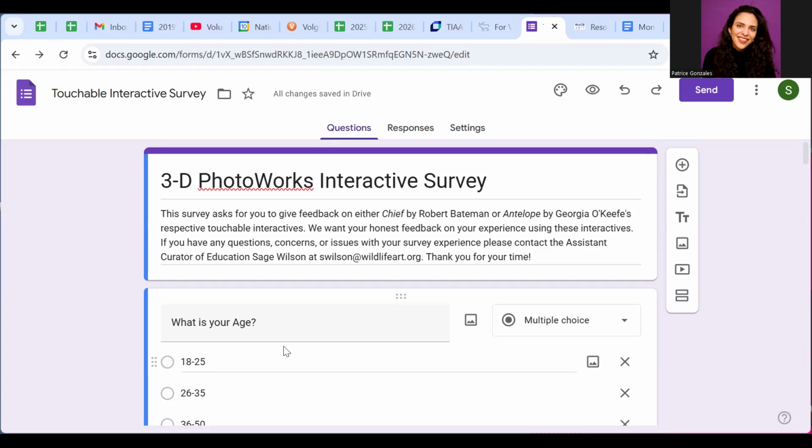Sage, do you have an example or a draft of the tracker's form? Not yet, because that was something we brought up recently. I want to know, if the person who's doing the interactive doesn't say anything but fills out the survey over here, how can you track their behavior?